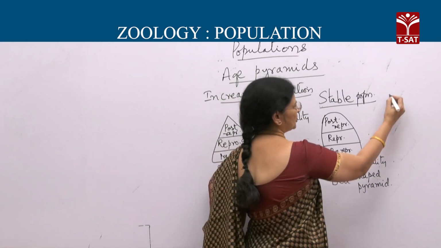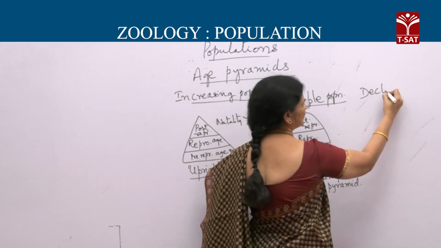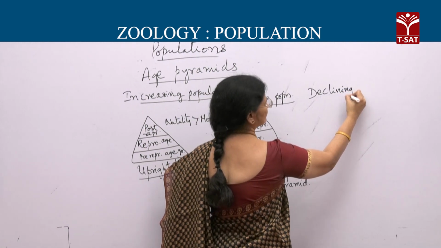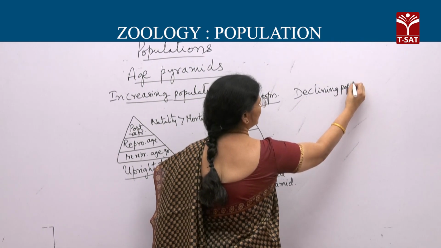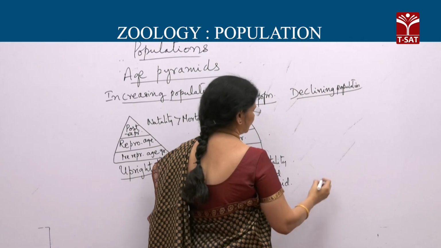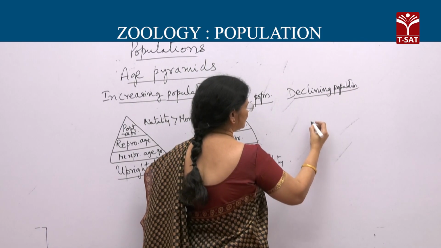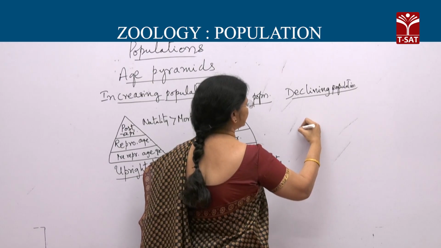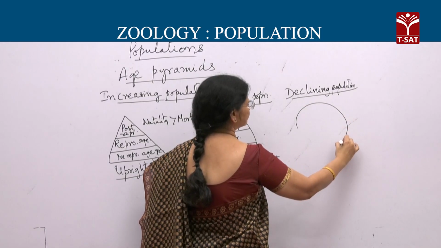Then, if you take a declining population, the birth rate is less than the death rate. So you will get an urn-shaped pyramid.